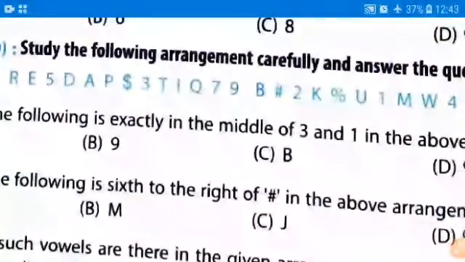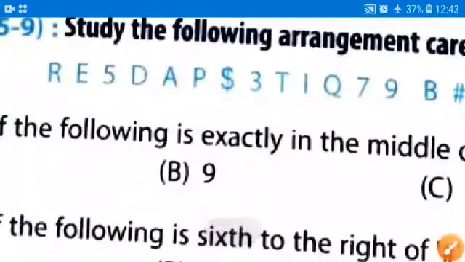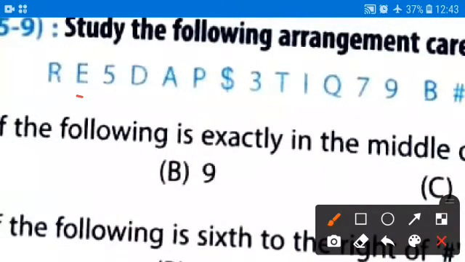The first vowel we have is this E, and it is followed by 5, that is a digit, but R is a consonant, so we cannot take this. Next is A, it is not followed by any digit, so we cannot take this also. After that we have this one, it is also not followed by a digit, we cannot take this.